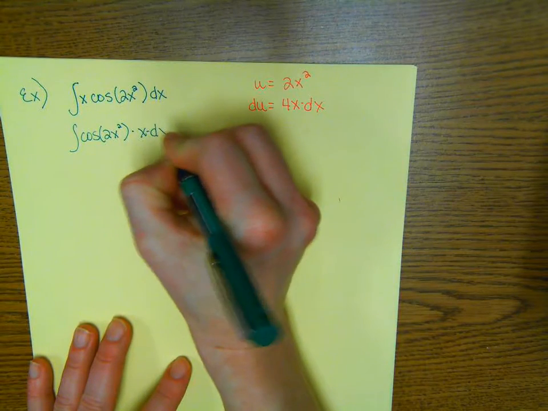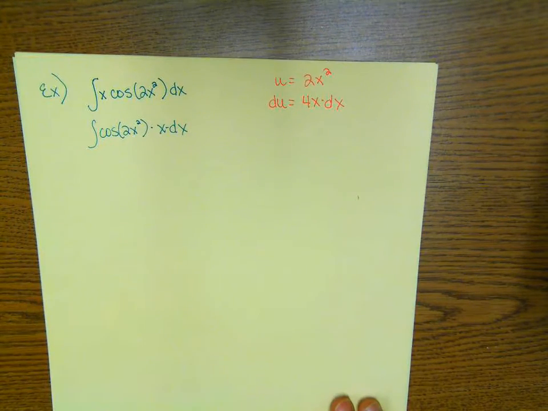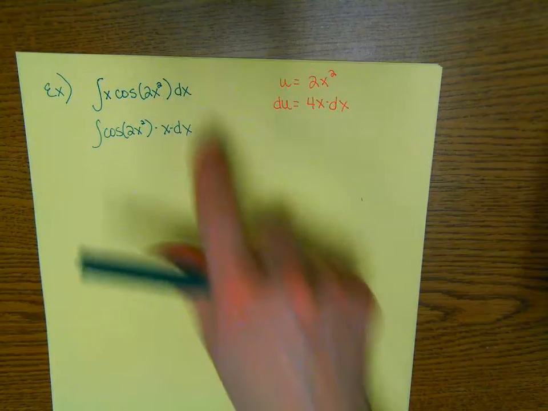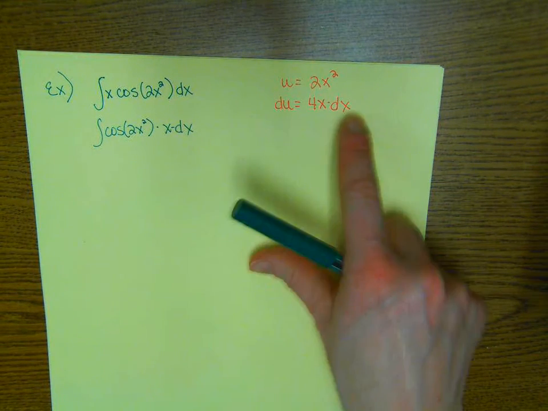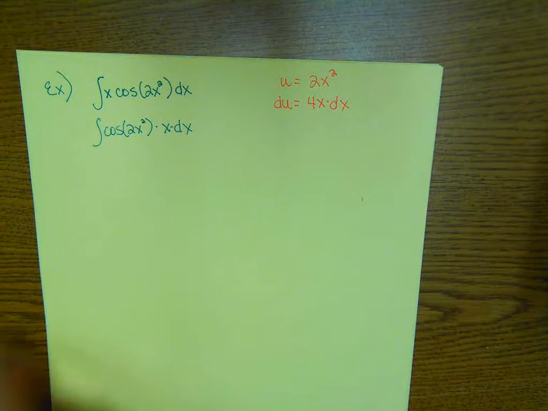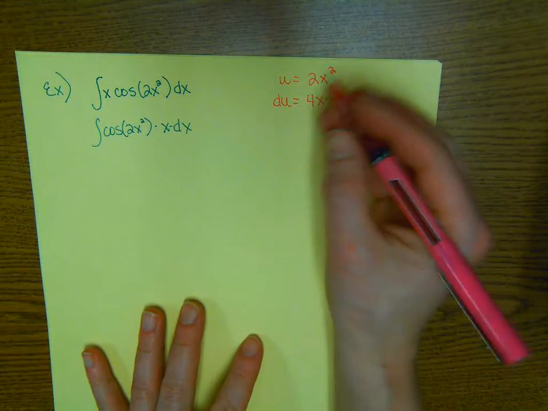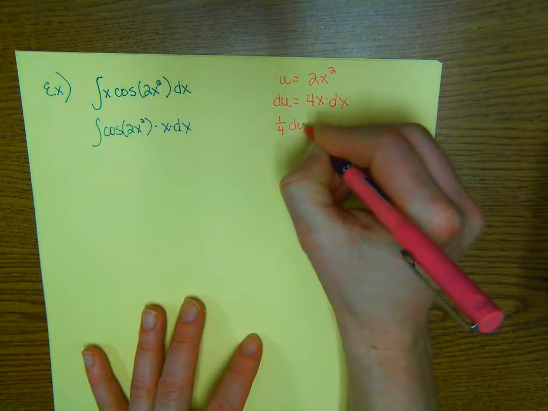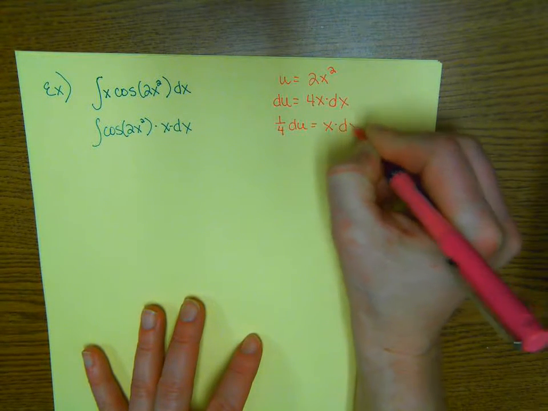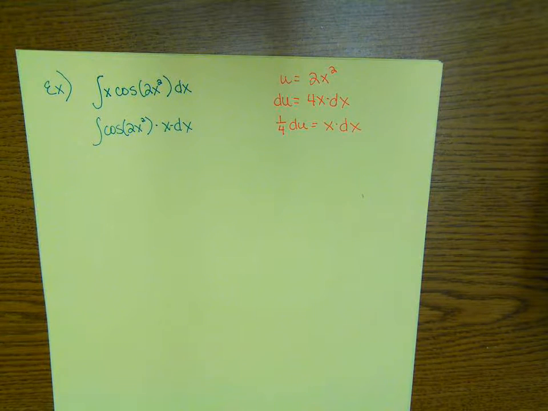So this time in the problem, I don't want to sub out for dx. This time I want to sub out for x dx. So let's get x dx alone. So 1/4 du equals x dx, and then I'm going to be able to get rid of all of the x expressions in there.